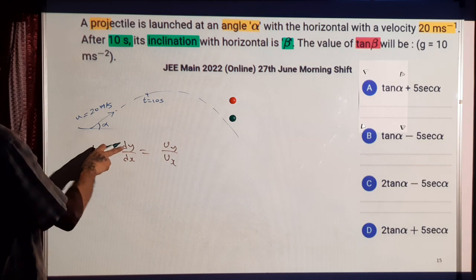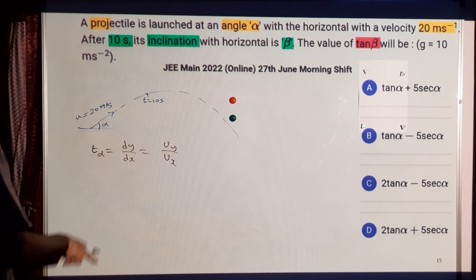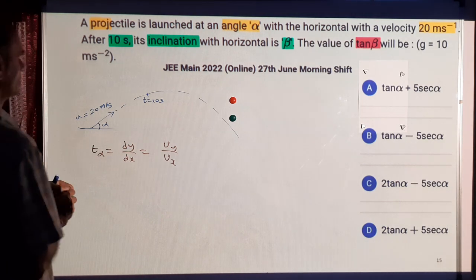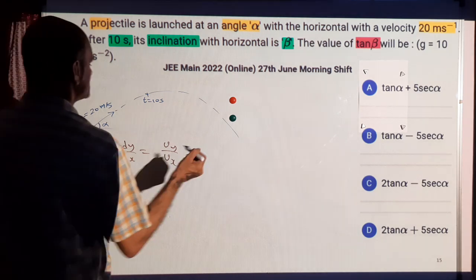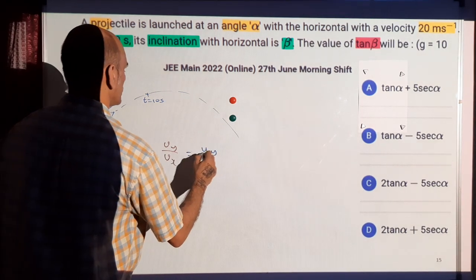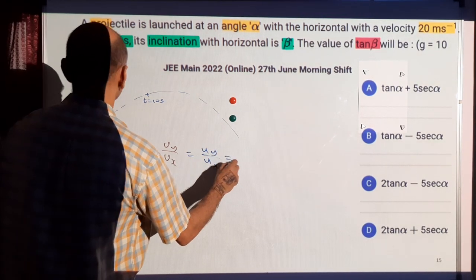Because dy by dx can be written as dy by dt divided by dx by dt. So at initial time, this is uy by ux.